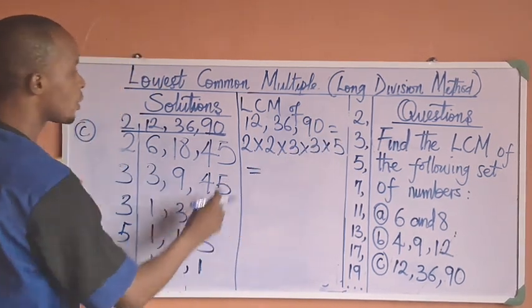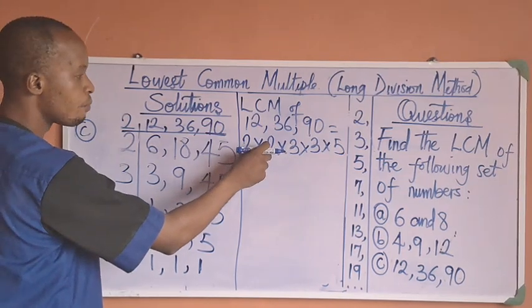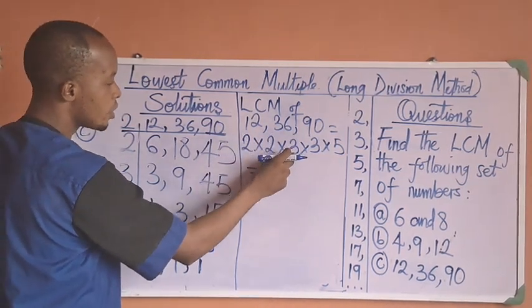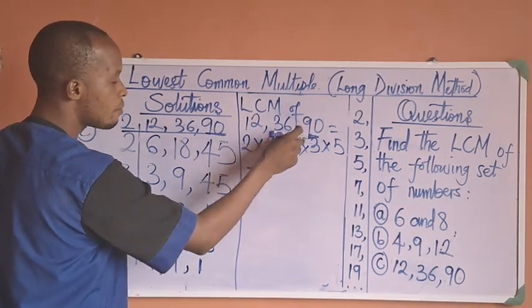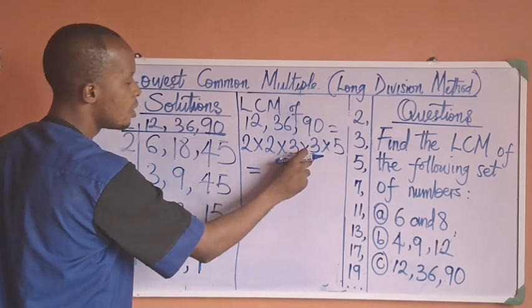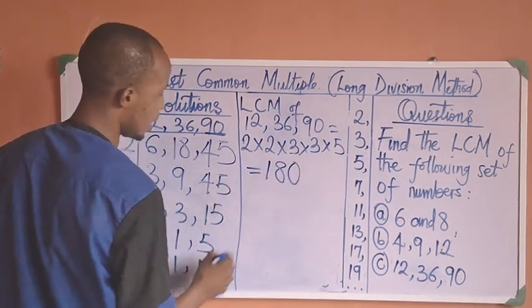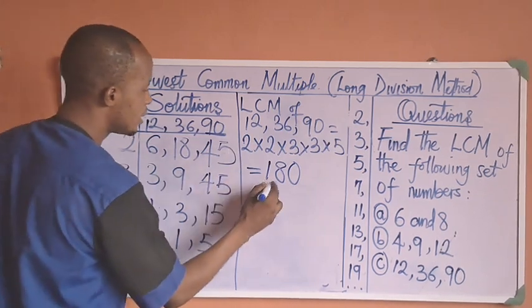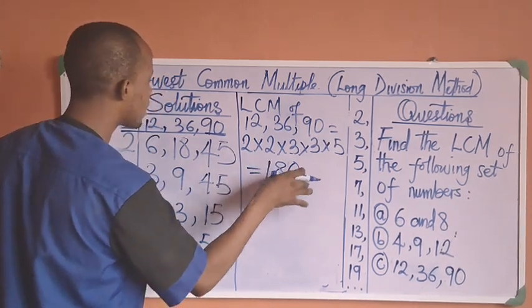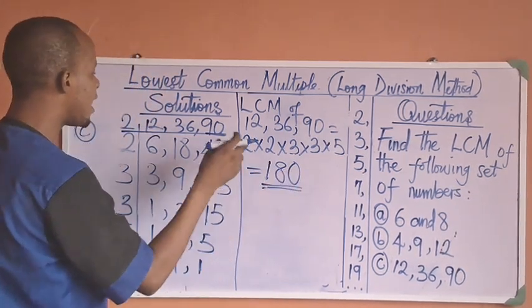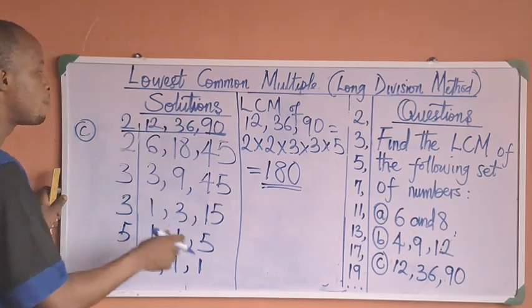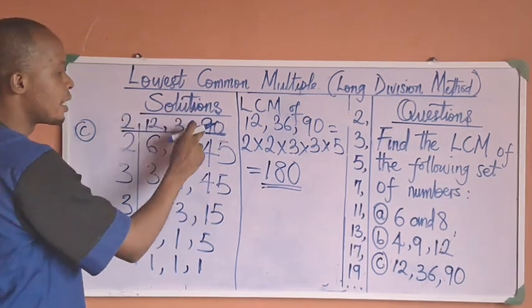And that will be what? 2 times 2 is 4. 4 times 3 is 12. 12 times 3 is 36. 36 times 5 will give us 180. And this is the final answer. 180 is the LCM, the lowest common multiple of 12, 36, and 90.